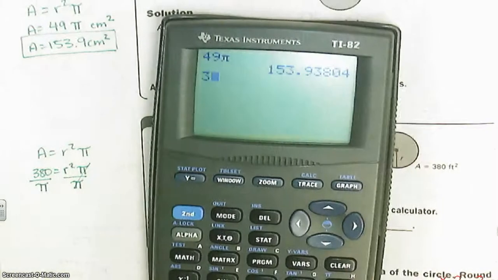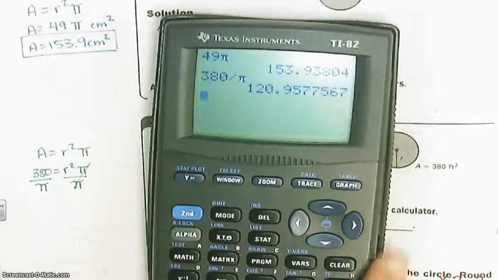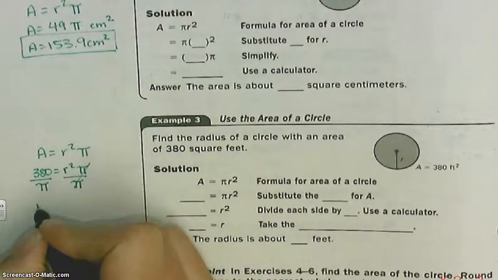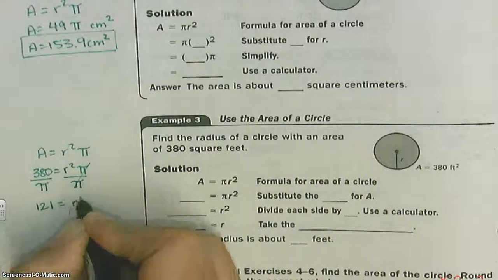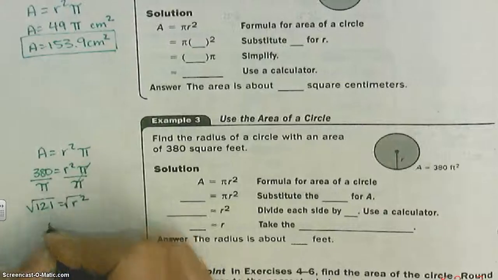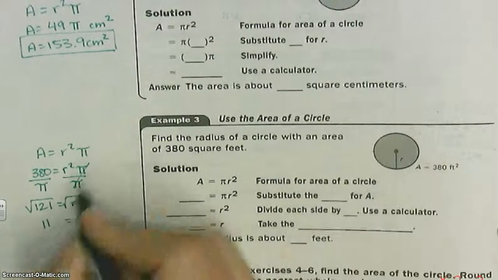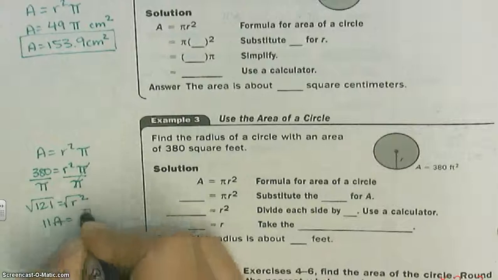So 380 divided by pi is, we'll say 121. To get rid of a square, I have to take the square root. So 11 equals r, and my units here are just feet, because I'm just talking about a length.